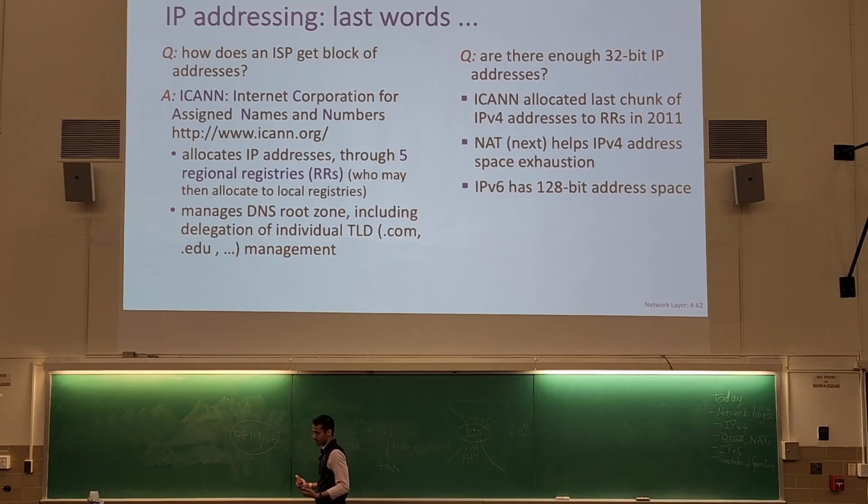IPv6 has plenty of addresses in the address space overall, right? In case you're thinking, oh, that's what we said for IPv4, wait till we get to 2050. No, not quite. This number is greater than the number of atoms in the known universe. So we're not going to run out of address space here.